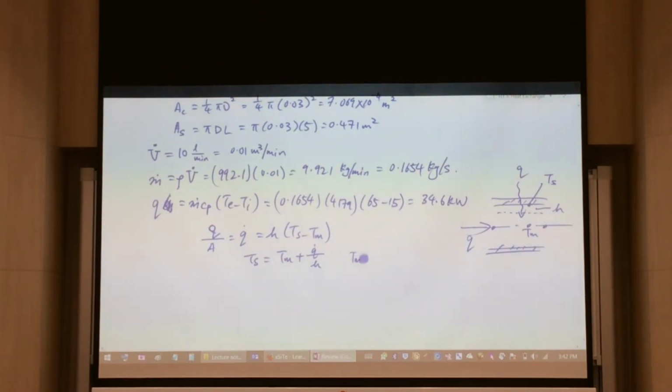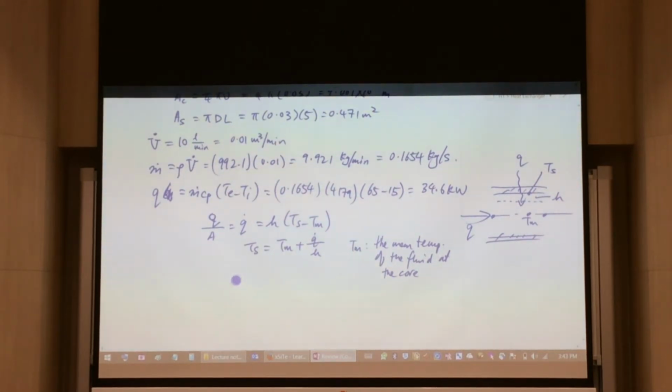If you're wondering what is Tm, Tm is actually defined as the mean temperature of the fluid at the core of the tube or the pipe. So we could figure out this Q dot from the following form. Q dot is equal to Q divided by surface area.